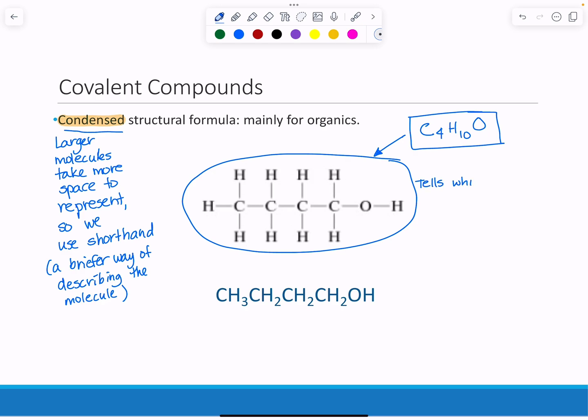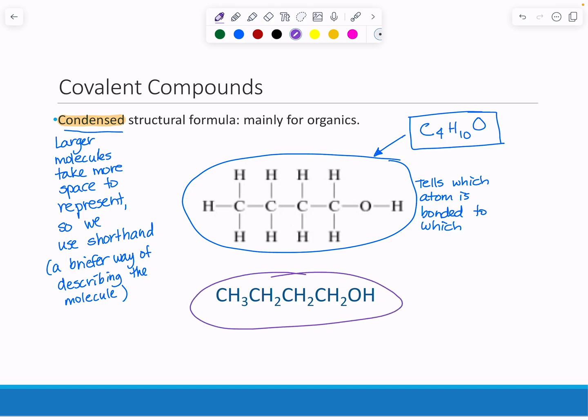Tells us which atom is bonded to which. Well, can we do that using less space? Okay, well, if we look at this one here, this also tells us which is bonded to which.